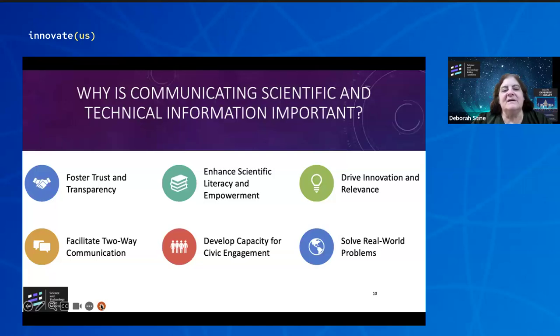Communication is important because you want to foster trust and transparency. Your goal is to enhance scientific literacy and empowerment, to drive innovation and relevance, facilitate two-way communication, which I'll talk about in a second, develop the capacity for civic engagement so people are willing and interested in being involved, and ultimately you want to solve real-world problems.